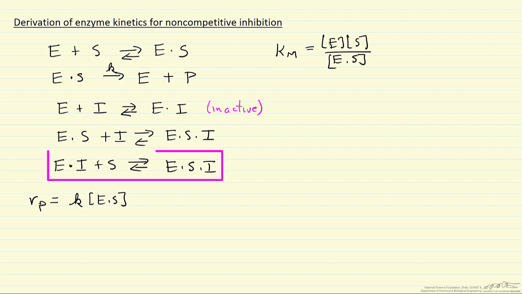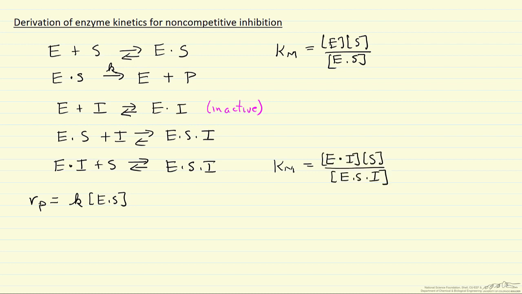Now what we're going to assume is that for the substrate in this step here, reacting with the enzyme inhibitor complex, it has the same dissociation constant as the substrate reacting with just the enzyme. In other words, the binding of the inhibitor doesn't affect the equilibrium for the binding of the substrate. So what that means is then we're going to have the same dissociation constant, and I'll write down the expression.